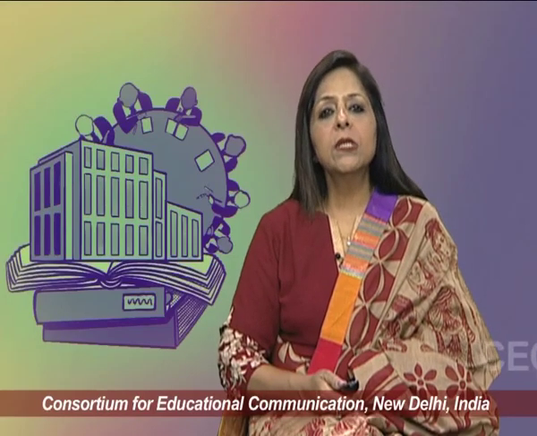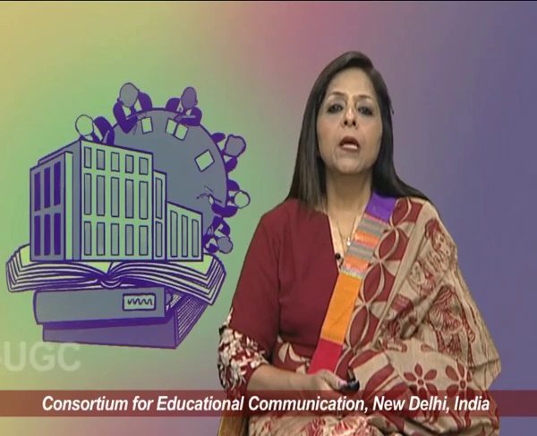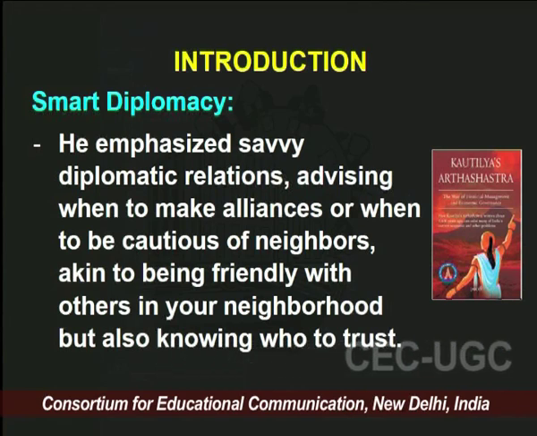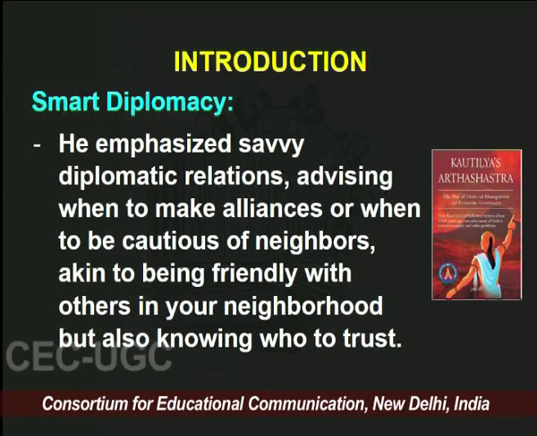The next is smart diplomacy. He emphasized savvy diplomatic relations, advising when to make alliances or when to be cautious of the neighbors, akin to being friendly with others in your neighborhood, but also knowing whom to trust.